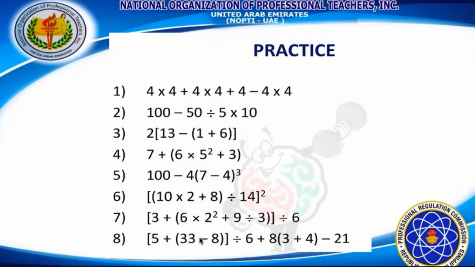Halimbawa, dito sa loob, ito, 33 minus 8. I-minus mo na yan. Hindi ibig sabihin na, sir, minus naman yan last ang minus. No, kasi nasa loob siya ng parenthesis. Ito rin, 3 plus 4, 7. Yan ang unahin sa loob ng parenthesis. Number 8. What's the answer? Yan, correct. 40.